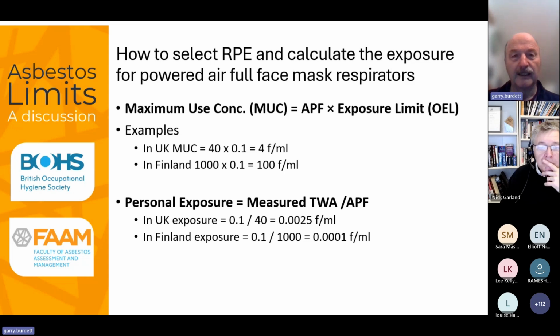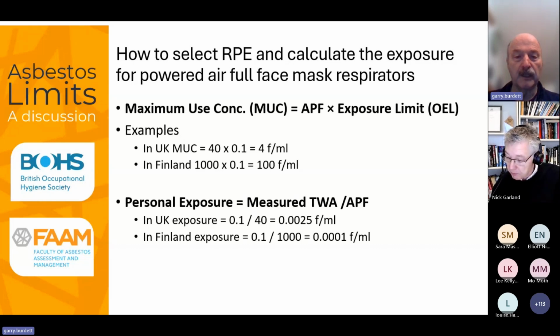There's an example in HSG 247 without the equation where they talk about how you might do this, and this seems to be a big omission. I got this from an OSHA document 2009, and it's widely used in the States. It's something called the maximum use concentration, which is a simple equation. It's the assigned protection factor times the exposure limit.